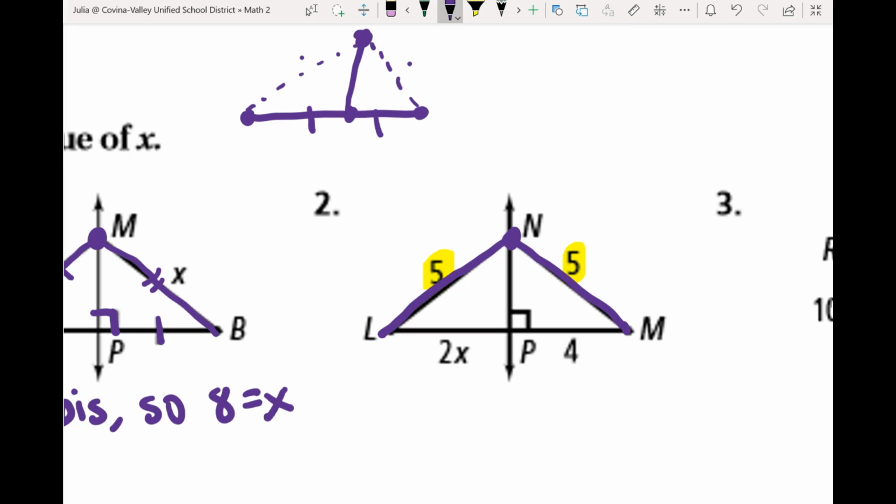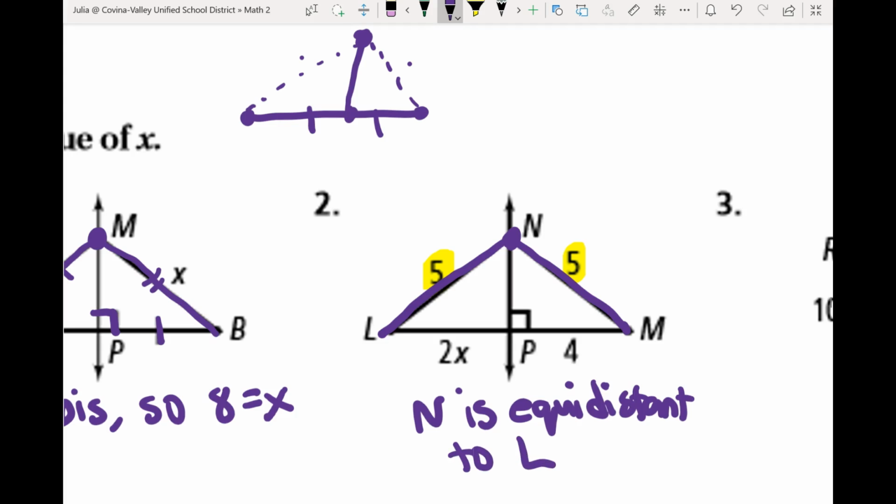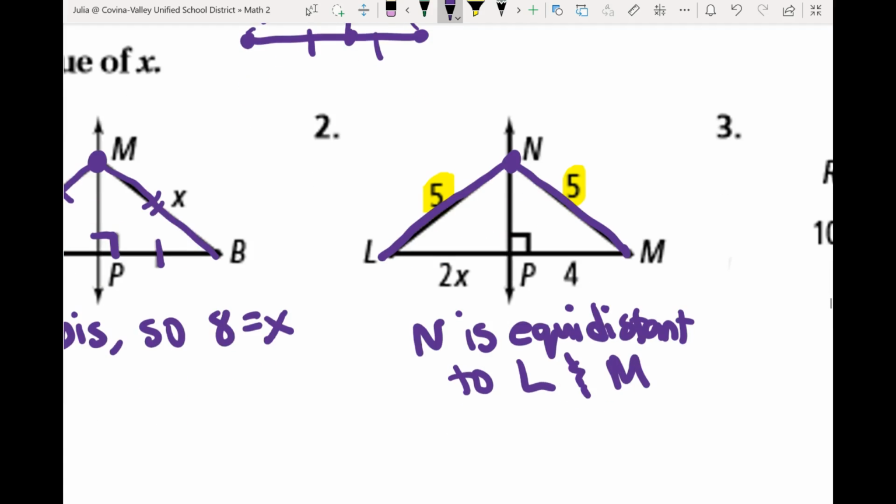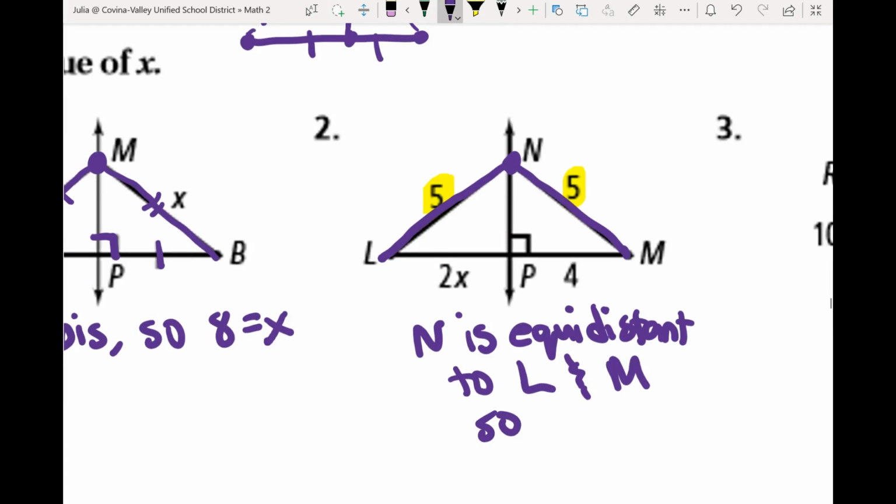So if 5 equals 5, then you're allowed to say, let's see, N, write this down just so that you have this to refer back to. We know that N is equidistant to L and M. In other words, we know that the distance from N to L is the same as the distance from N to M. So because of that, we're allowed to say that what equals what?